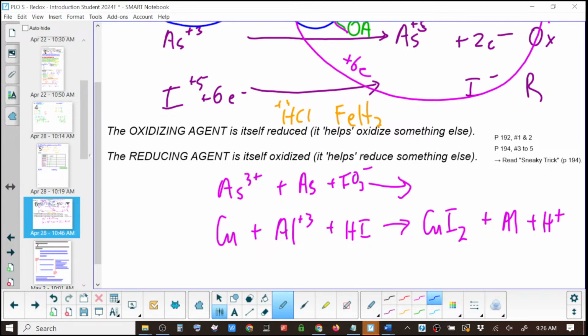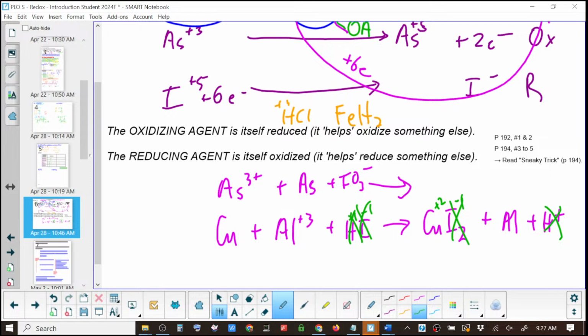There's lots of things here, but the really important thing is that, because I've set it up that way, this copper is +2. This iodine's -1, that iodine's -1, so it doesn't matter because it didn't change. This hydrogen's +1, that hydrogen's +1, it doesn't matter because it doesn't change. We only care about the ones that are changing.